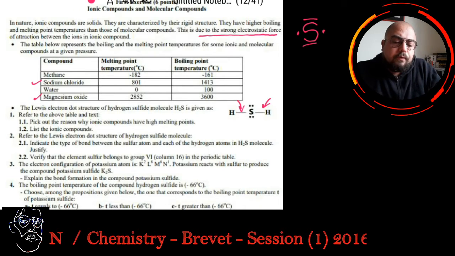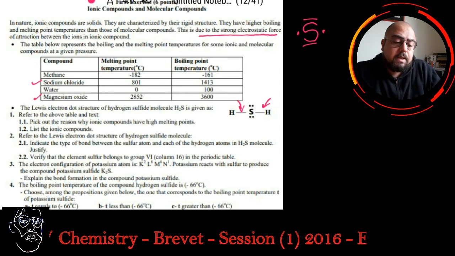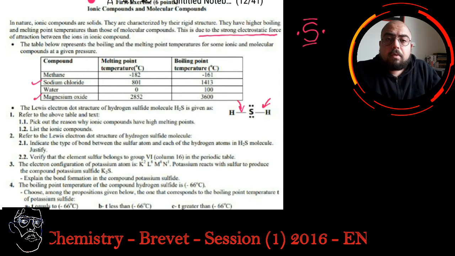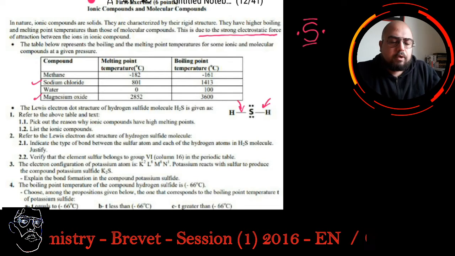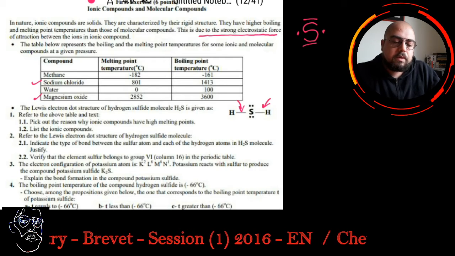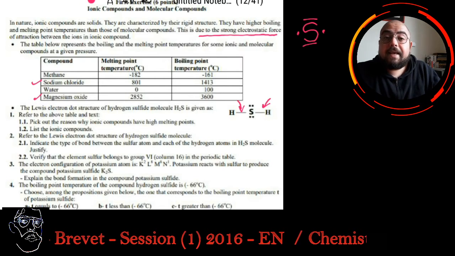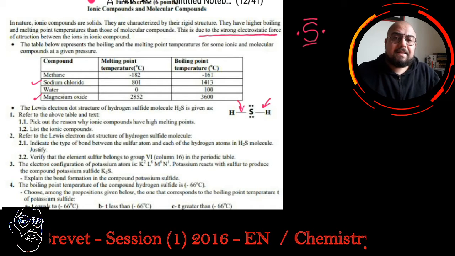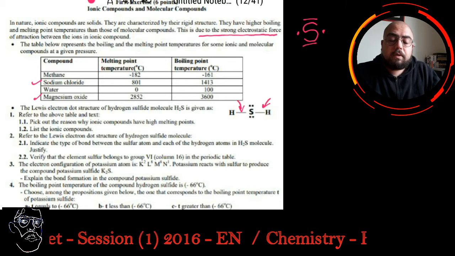So in order to form this, potassium has one valence electron. Of course, we have two potassium atoms in this case in front of one sulfur. As for sulfur, since it has 6 valence electrons, it has a tendency to gain 2 electrons in order to obey the octet rule.